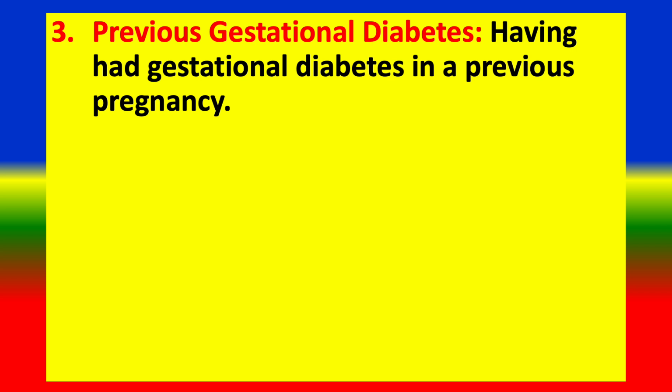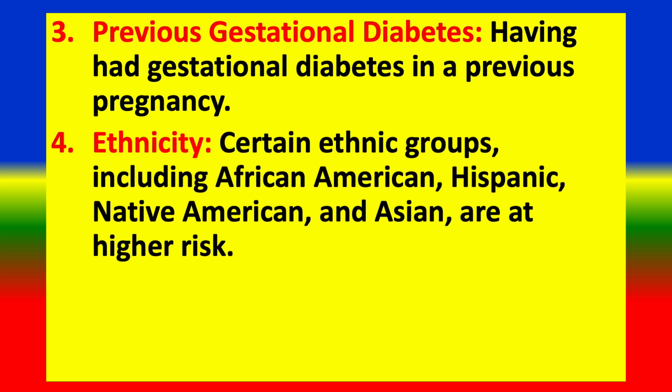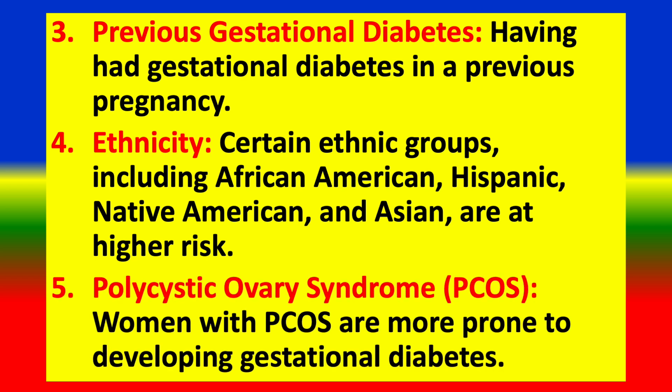Having had gestational diabetes in a previous pregnancy. 5. Ethnicity. Certain ethnic groups, including African Americans, Hispanics, Native Americans and Asians, are at high risk. 6. Polycystic ovary syndrome. Women with PCOS are more prone to developing gestational diabetes.